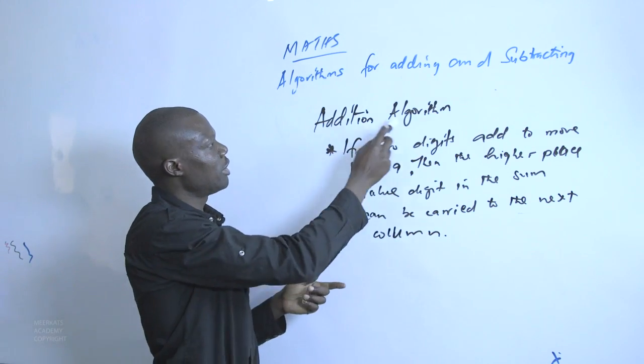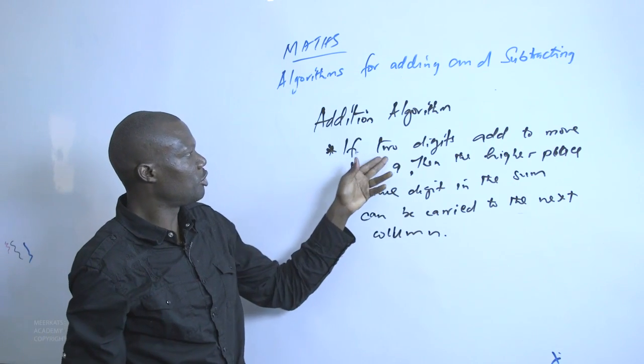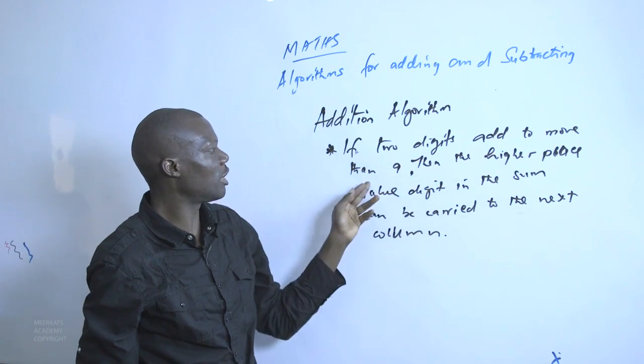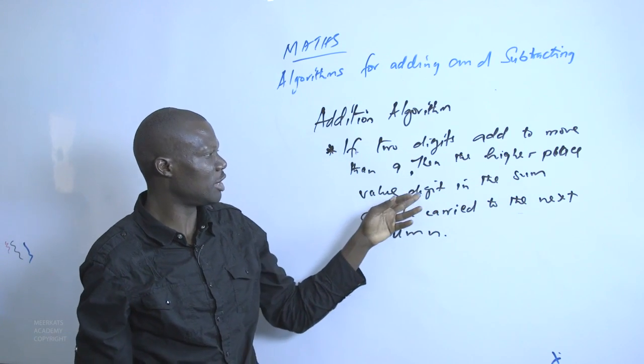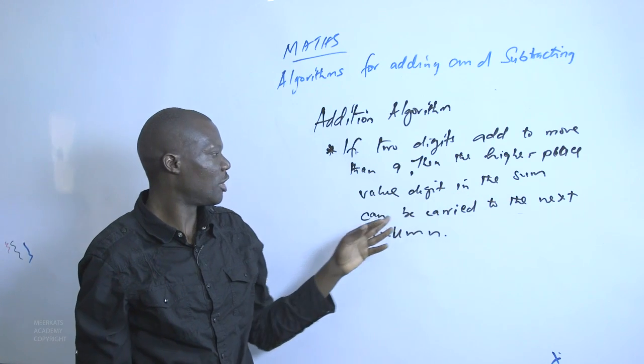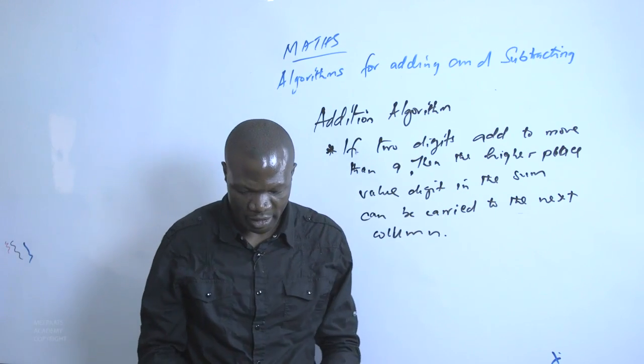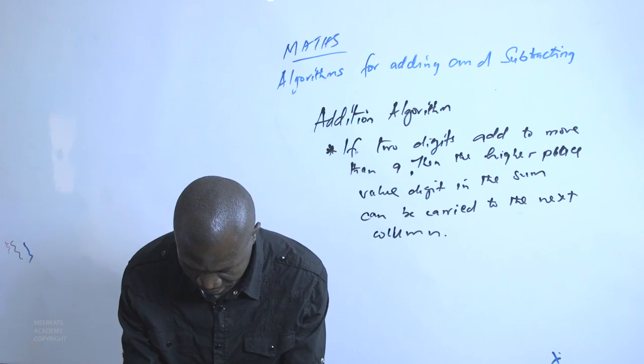We are looking at the addition algorithm. If two digits add to more than 9, then the higher place value digit in the sum can be carried to the next column.